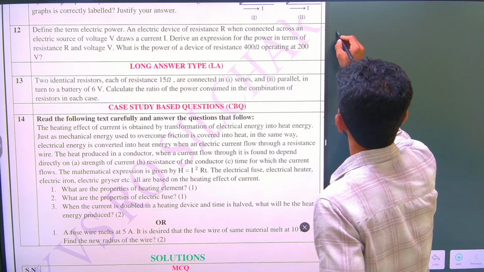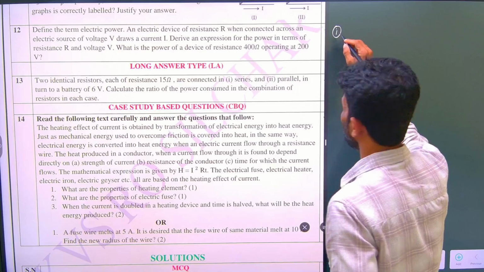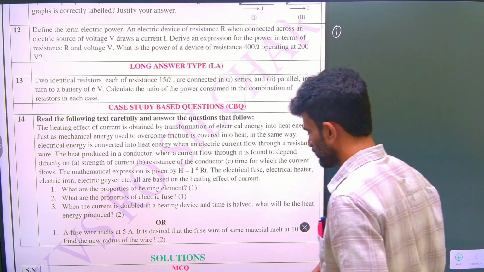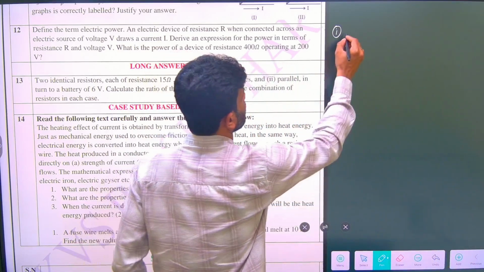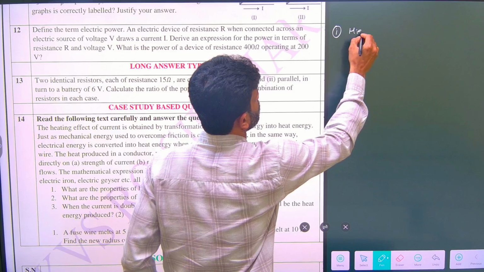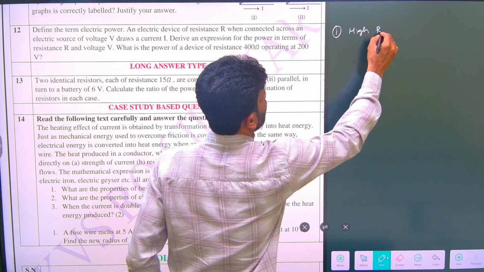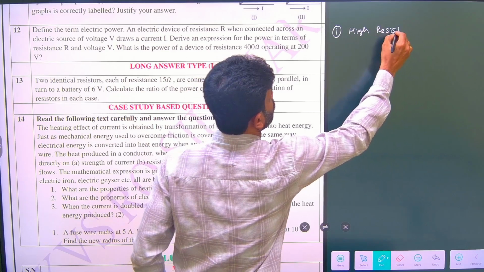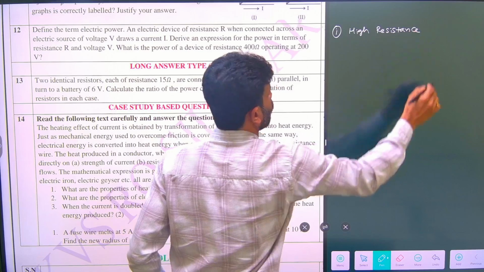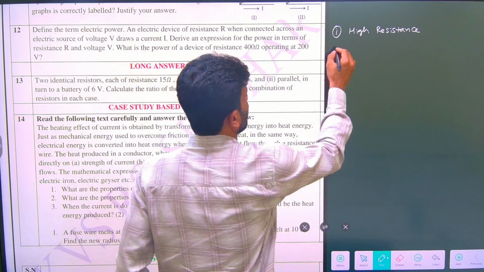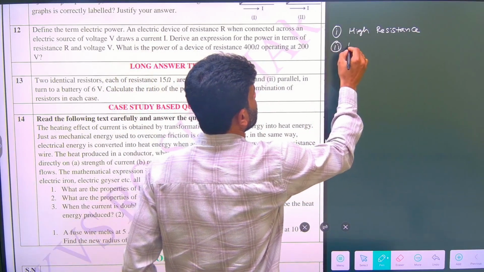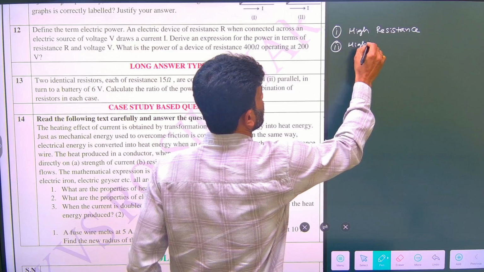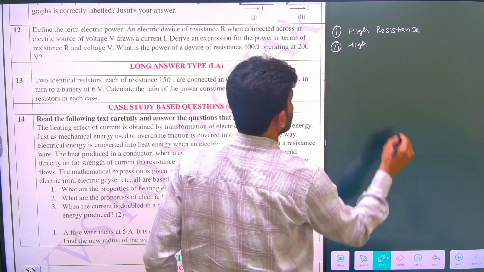What should it have? First point, that element should have high resistance to produce more heat. And the second is high melting point, very important.